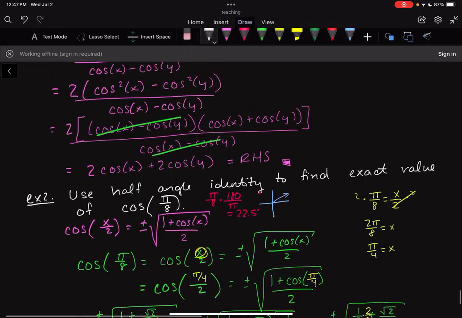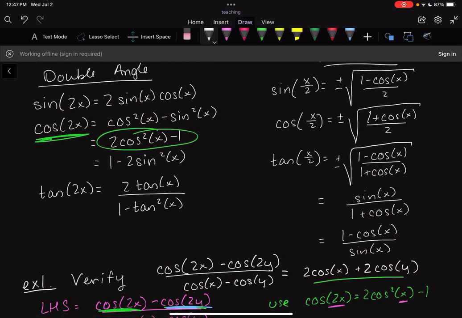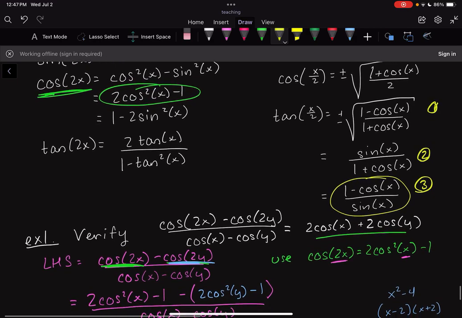So first, we have to choose which half angle identity we want to use, because with tangent you have these 3 options. So we can either use 1, 2, or 3. I'm going to tell you that for this type of problem specifically, this third one is going to be the easiest to simplify. So that's the one that I'm going to work with.